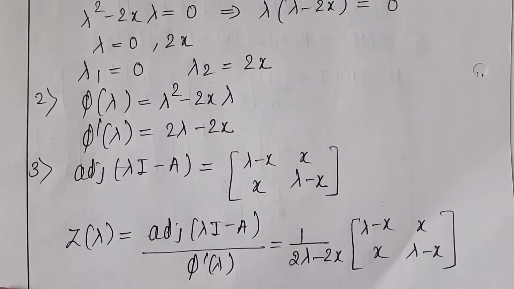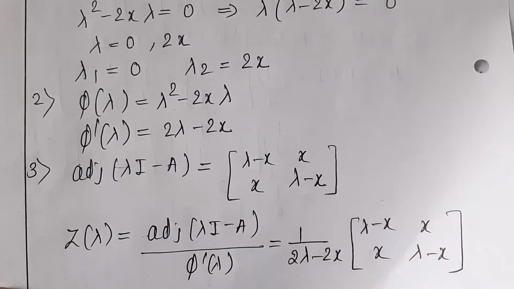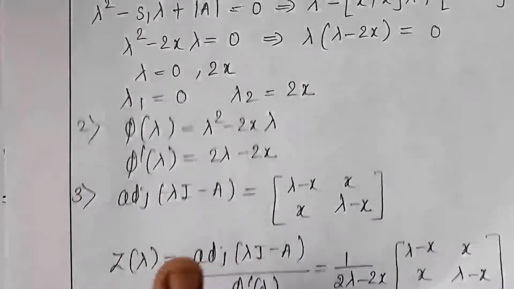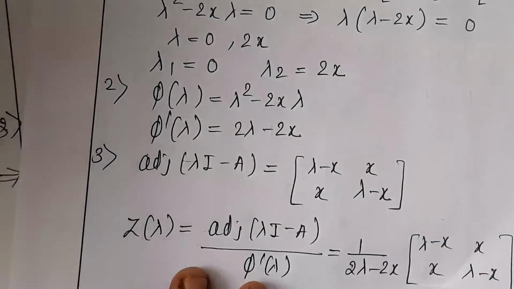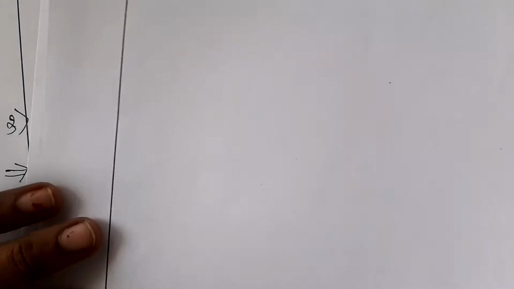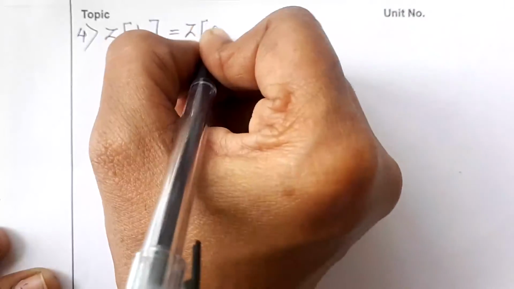Now first find out z of lambda 1, then z of lambda 2. So find out one by one. Z of lambda 1 is equal to z of 0 because the lambda 1 value is 0.